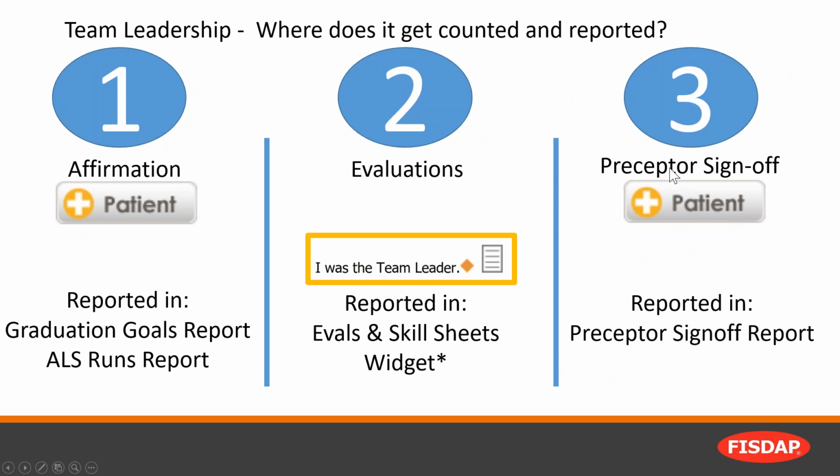So preceptor sign-off to me is the latest and greatest tool, and if you are going to do just the simplest form of I was or wasn't, and track only was or wasn't, then you would just do this affirmation checkbox. And if you want to do the soup to nuts, absolutely, completely super detailed, then you'd fill out an eval form for every one of them.